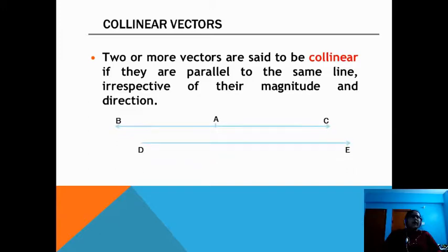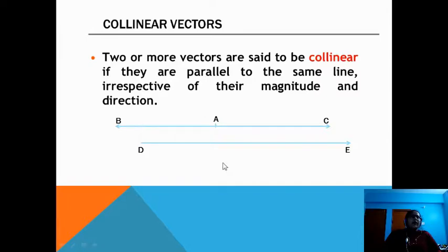In this figure, how many vectors are there? AB is a vector going to the left, AC is a vector pointing towards the right, and DE is another one pointing towards the right. AB and DE are of course parallel, but they have different magnitudes and different directions also.